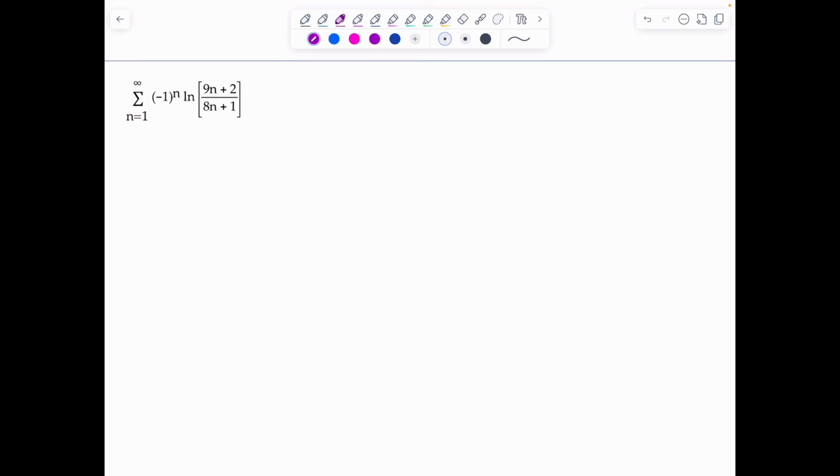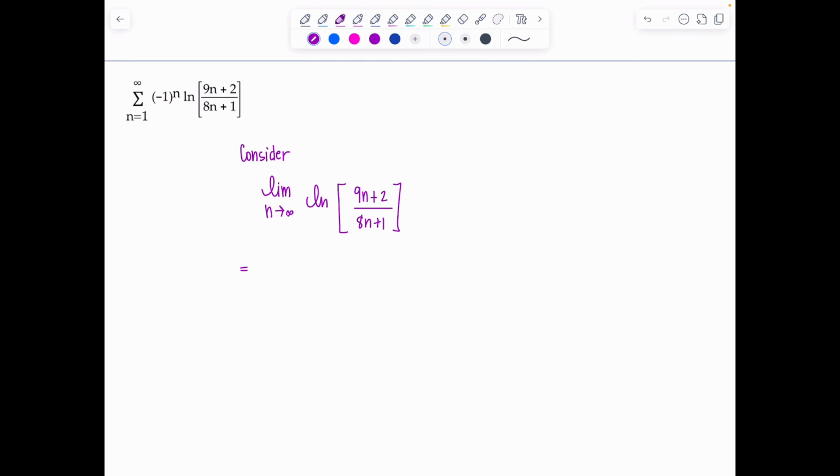Okay, so here we go. What's the best way to approach it? I would just say, let's consider the limit as n goes to infinity of, let me just leave the alternating part out because it's going to complicate things, natural log of 9n plus 2 over 8n plus 1. I'm going to do this really properly, no pre-calc shortcuts, in case your professor's a stickler like I am.